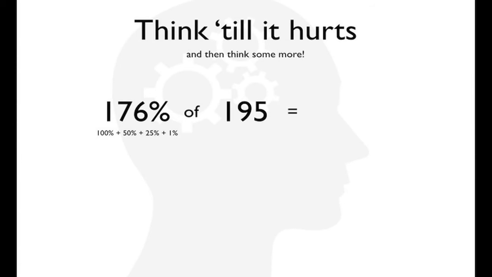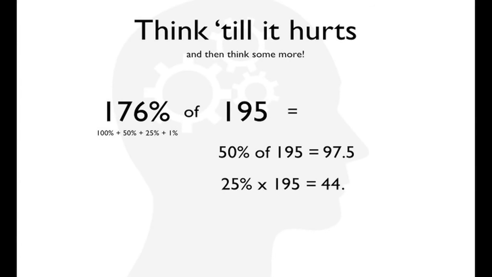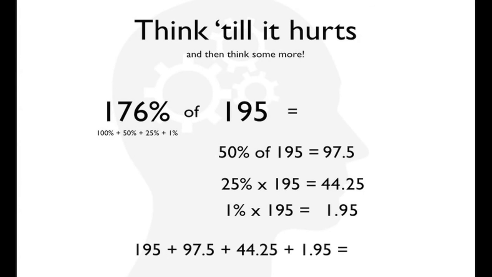Well, we know what 100% is, so 50% of 195, using our speed halving technique, we get 97.5. 25% of 195 is just going to be half of 97.5, or 48.75. 1% of 195 is just 1.95. And finally, we just add them all up. We get our final answer of 343.2.